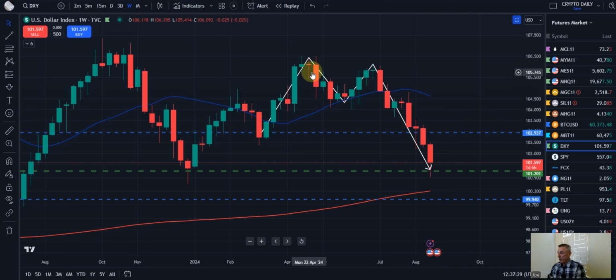But anyway, as you can see here, markets a lot of times will reverse in this M formation.